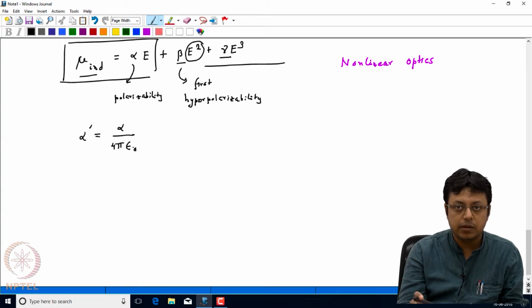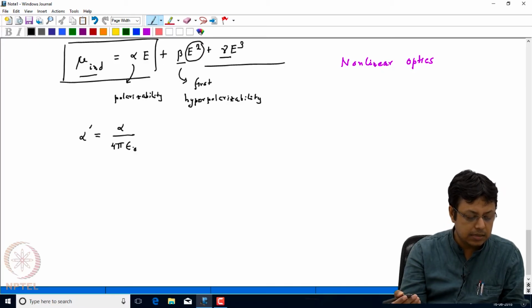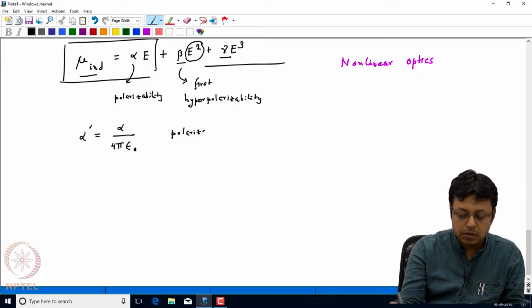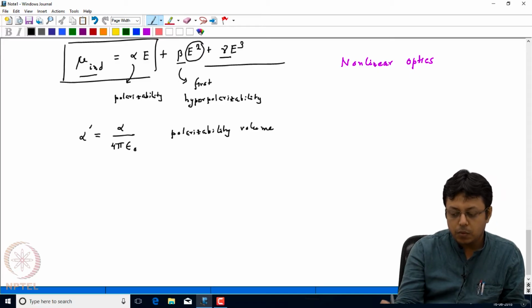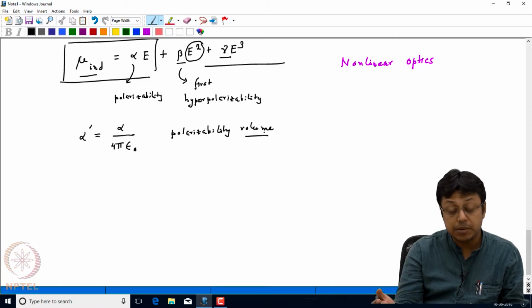I hope that you have already learned all these basics of electrostatics in your high school physics, and you know that in that case we can just call this alpha prime the polarizability volume. Why volume? Because it actually has the dimension of volume.